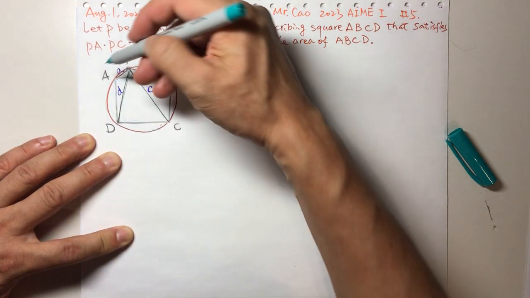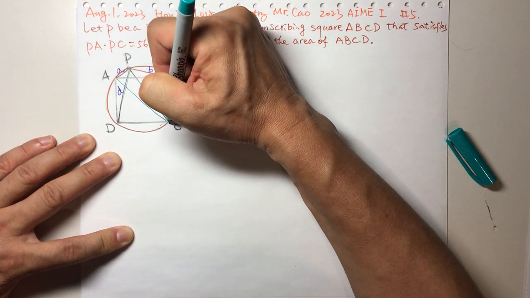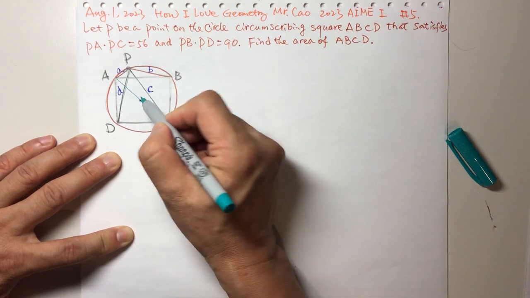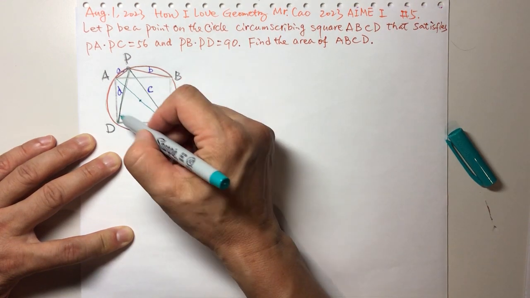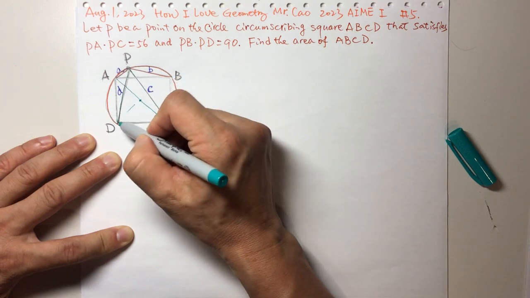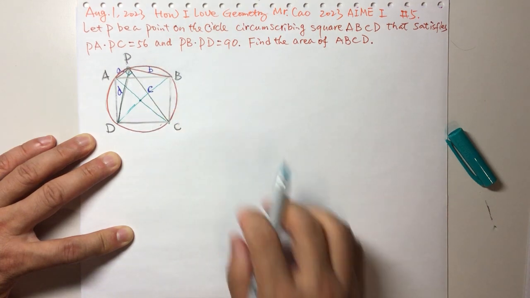If we connect it, angle APC is a right angle, because AC is the diameter of this circle. That's the center of this square, also the center of this circle. So this angle is 90 degrees.